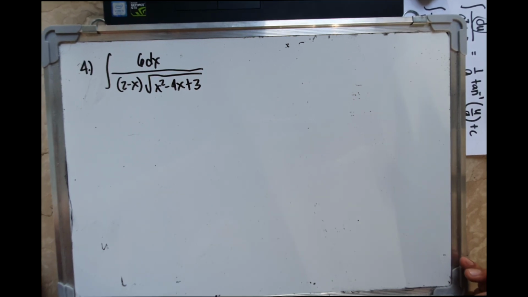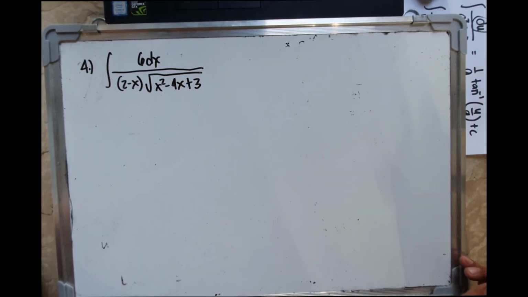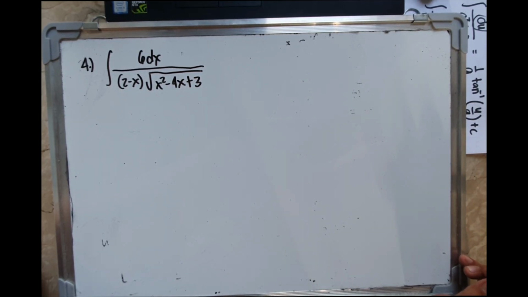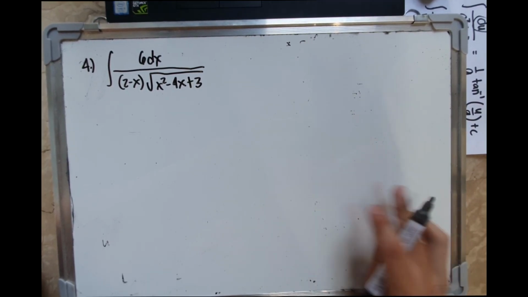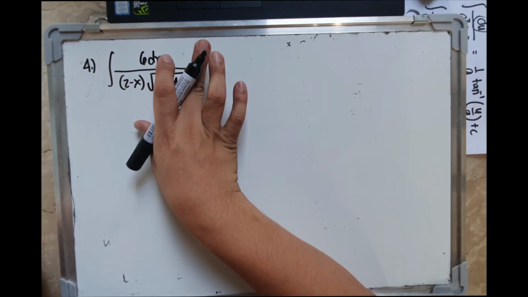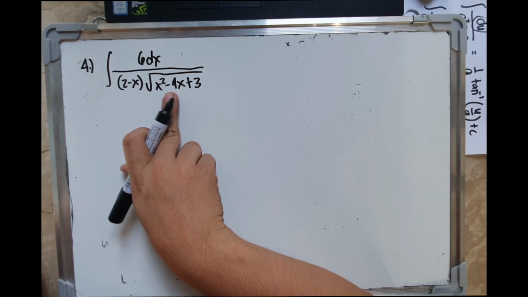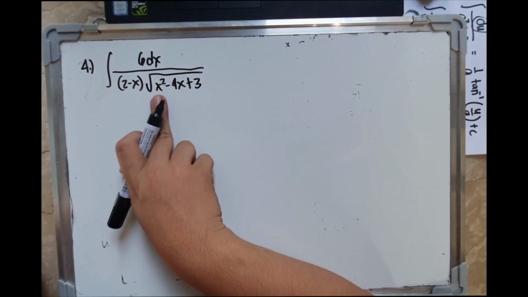Now let's solve number 4. The integral of 6 dx over the quantity 2 minus x multiplied by the square root of x squared minus 4x plus 3. Again, if we look at our integrand, we have negative 4x.